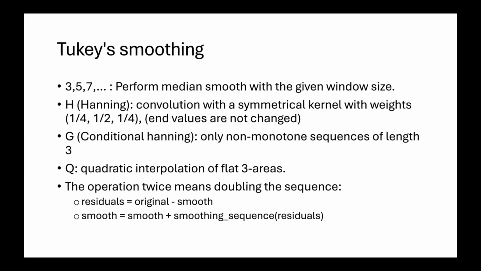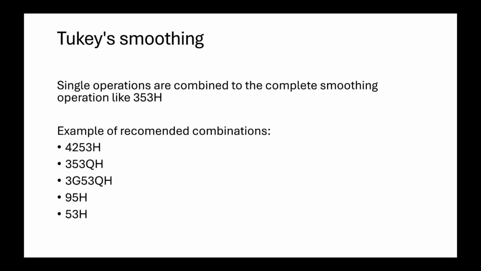Additionally, we have the twicing operation. It's when we subtract our smoothed data from the original data, which is called the residual, apply our smoothing algorithm to it again, and add it to our smoothed data.